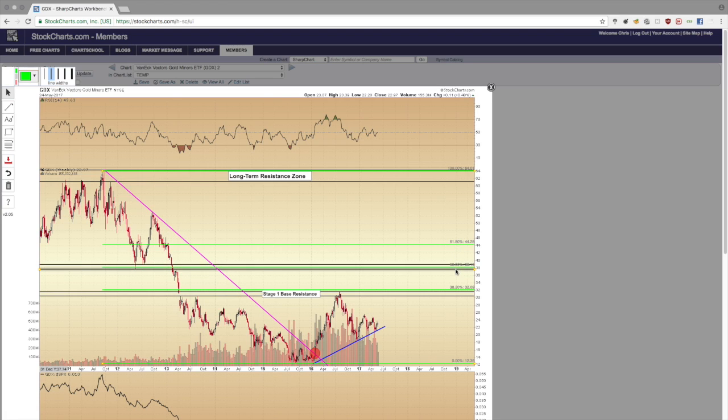The second level that is important is a 50% retracement. The third level that is important is 38.2%. And notice 38.2 is equally far from 0 as 61.8 is far from 100. Okay, these are 38.2 away from the high and the low.